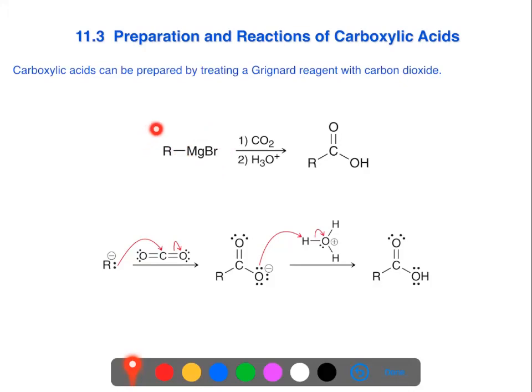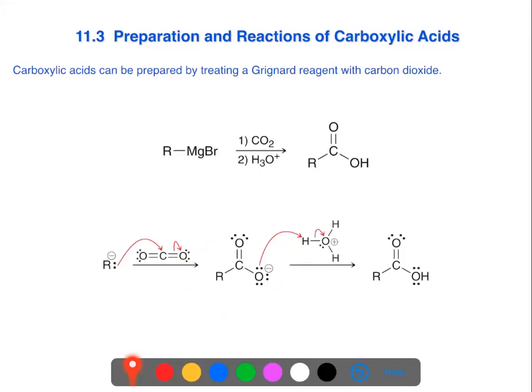So if we treat a Grignard reagent with carbon dioxide, we can see the net result is the formation of a carboxylate. So the carbon nucleophile, the carbanion from the Grignard reagent, organolithiums will work in a similar fashion. We will have nucleophilic attack onto the central carbon of CO2, the only carbon in CO2, and that generates a carboxylate.